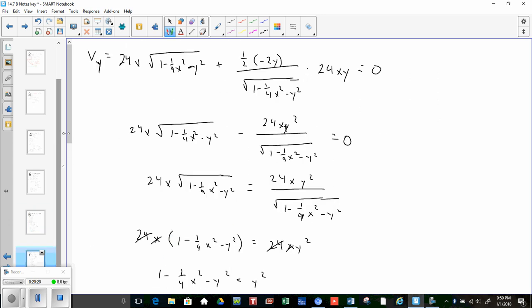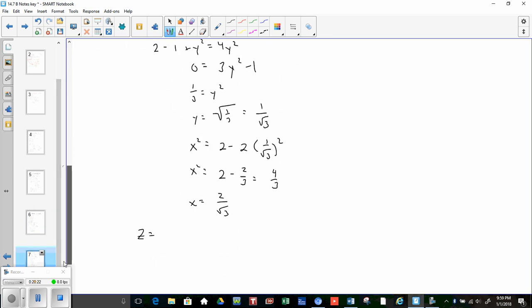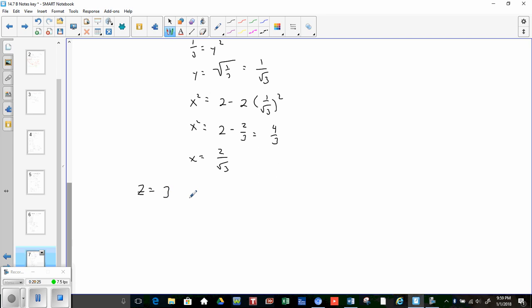So z is 3 times square root of 1 minus 1/4. It was x squared, so 2 over root 3 squared minus y squared, which was 1 over root 3 squared. So let's see what we get here.